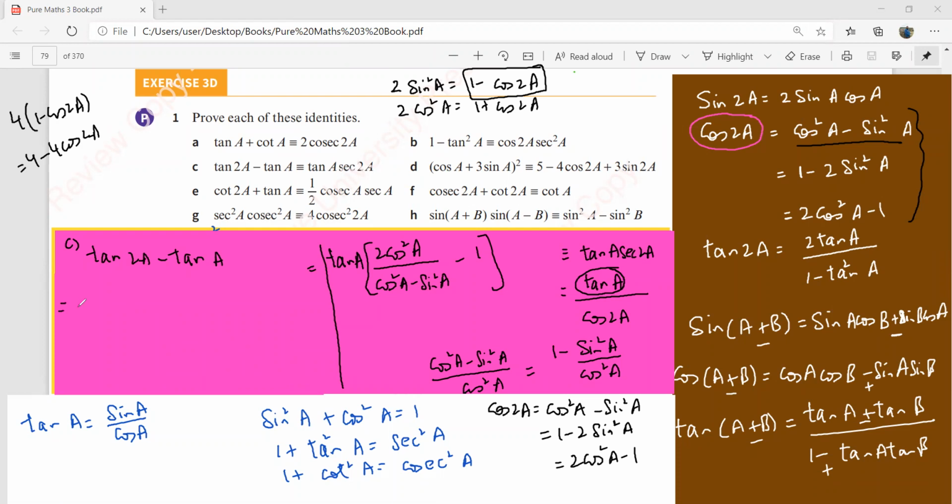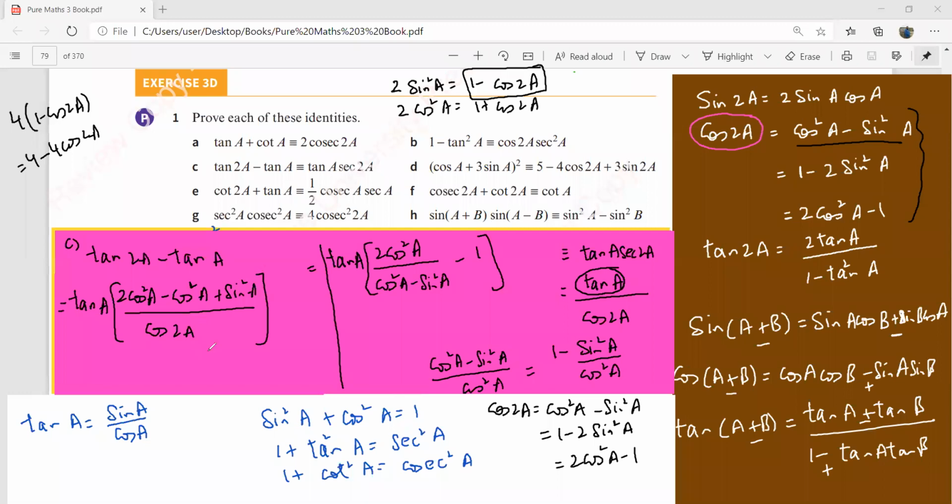Now this is going to be tan A into 2 cos square A, and I have minus cos square A. Be aware of your signs, and then I have plus sin square A. That is over this cos square A minus sin square A, and I can write it as cos 2A if you don't mind.